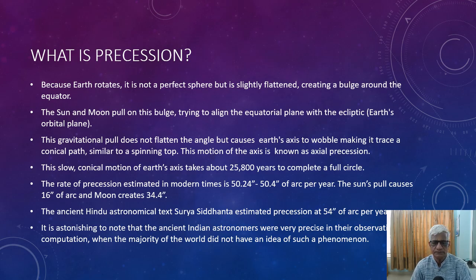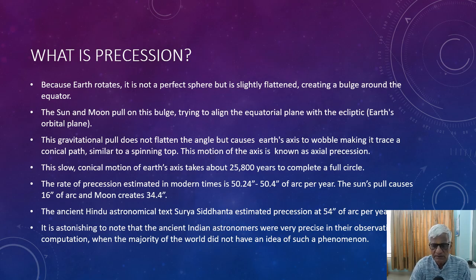That means the Earth's axis will make a small circle around itself in a conical fashion, and it takes around 25,800 years to complete this full circle, which makes it approximately 50.2 to 50.4 seconds of arc per year.